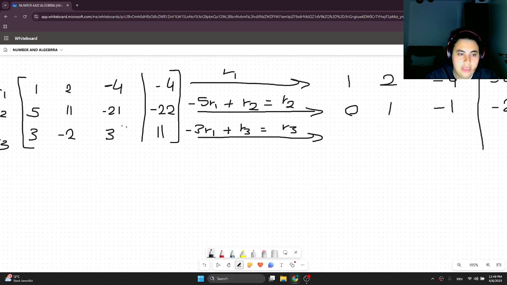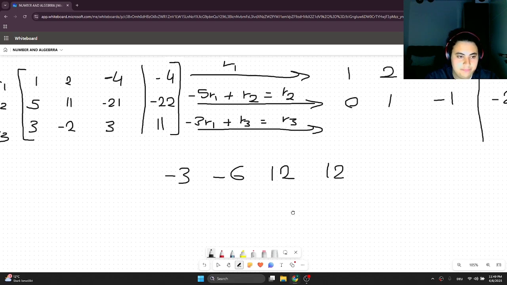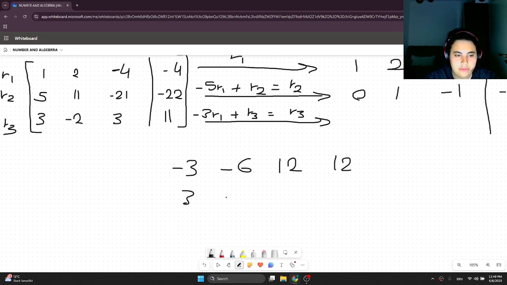For row 3, I'm going to multiply row 1 by -3. So this is going to be -3, -6, and then 12, 12. Then I'm going to add the third row: 3, -2, 3, and 11.